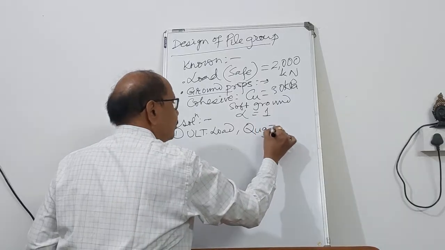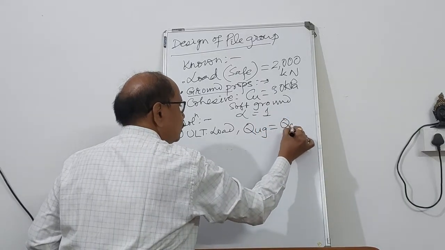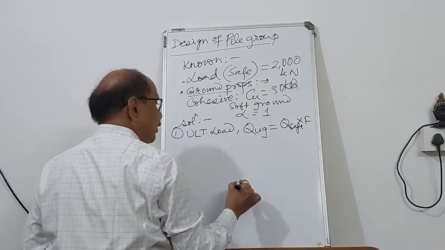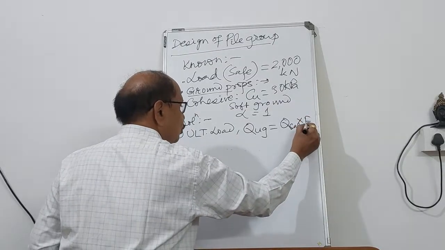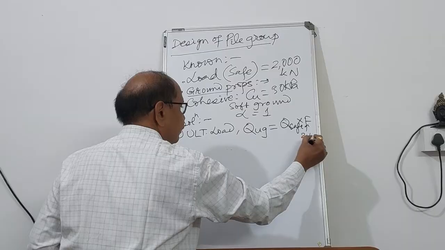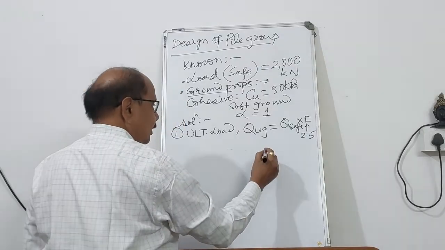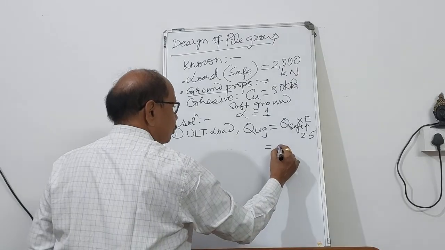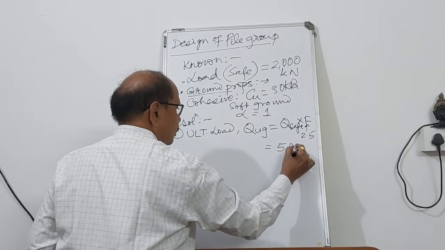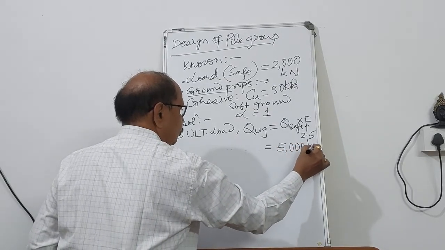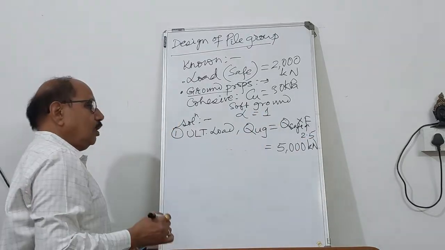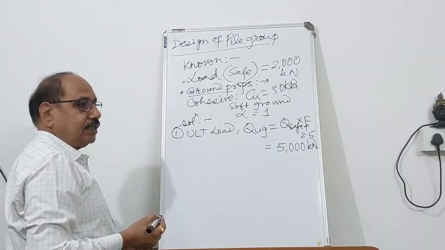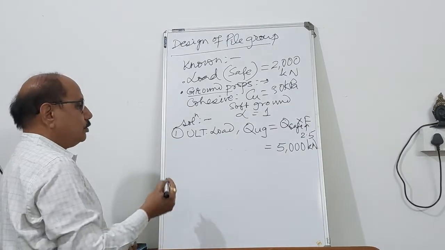So this will be the safe load multiplied by a factor of safety, which is going to be 2.5 or 3. So QUG is going to be 5000 kilonewton. Now for this, we will have to design the pile group.